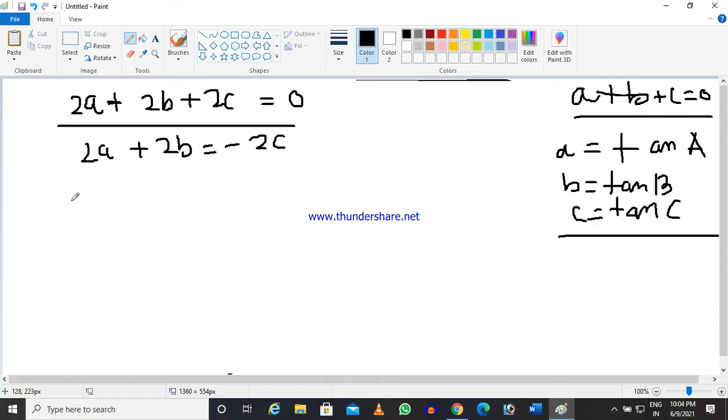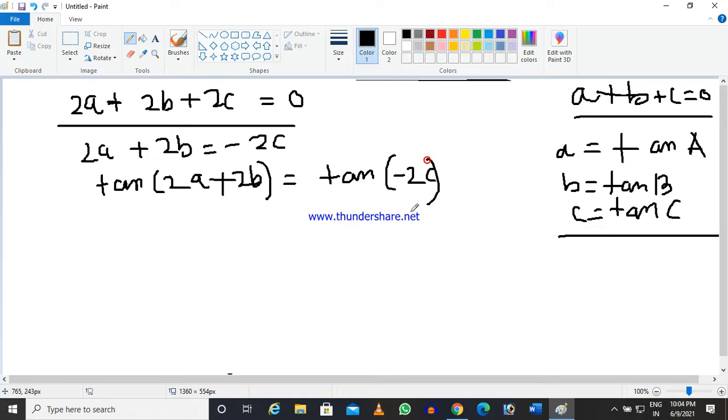Okay, now if I take tan, so tan of 2a plus 2b is equal to tan of minus 2c.